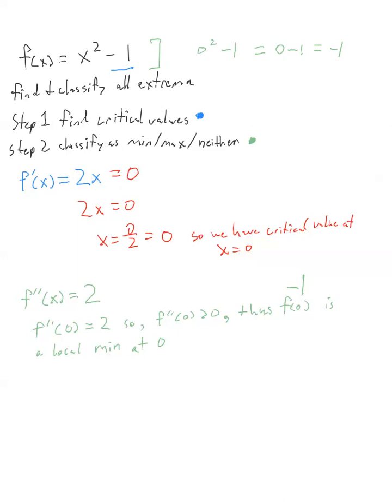But this would tell us that if our input is time, at time equals 0, we have a minimum of -$1. So again, if this is a model, we'd want to interpret this, which is just adding another layer on top of what we're already doing. So this is how we find and classify our extreme values.